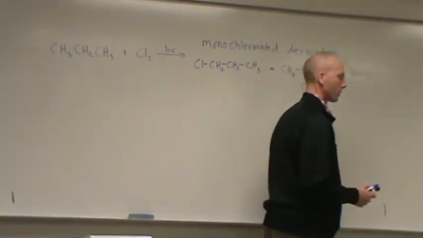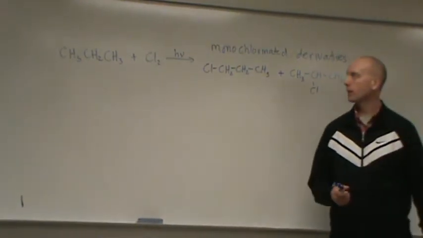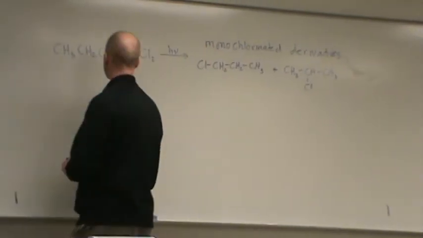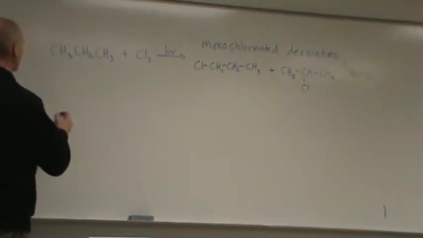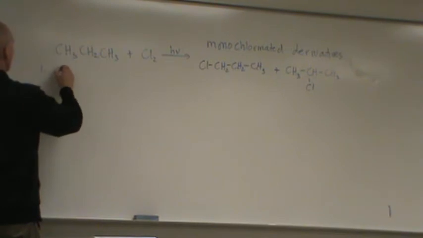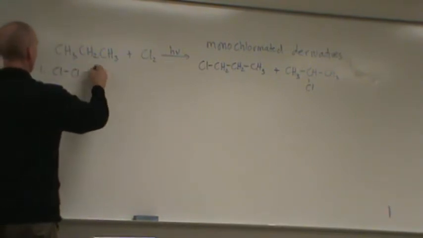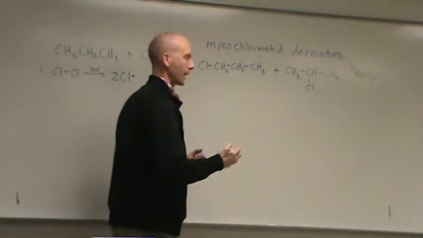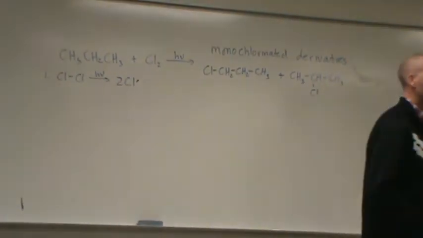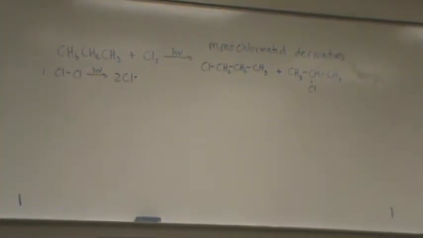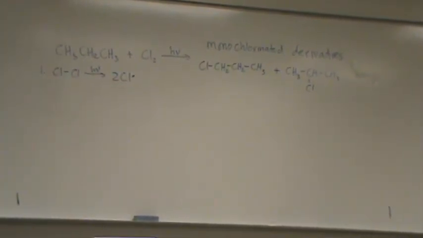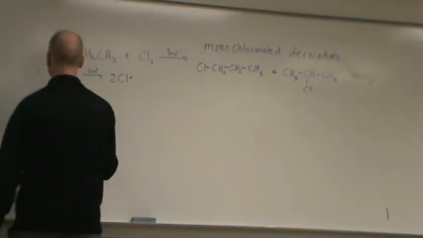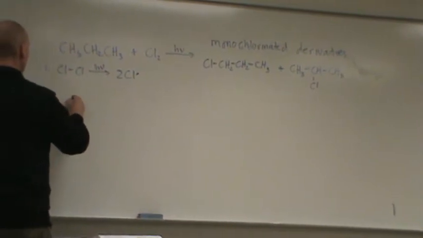And study it a little bit. Okay, if I went through the mechanism of this, I know it's a radical mechanism. So again, the first step, initiation, I know I'm getting two chlorine radicals produced. But the meatiest part is always the second step, the propagation.